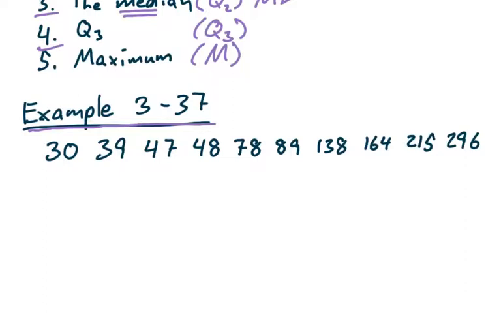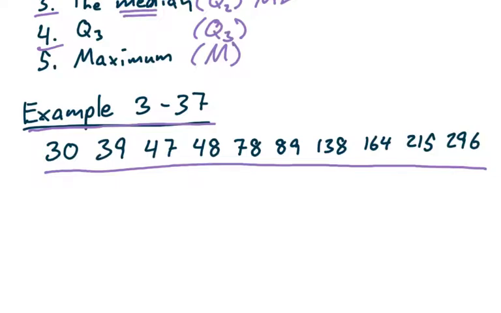They list the data, and so they say to find the 5-number summary and construct a box plot. So the first thing we'll do to find the 5-number summary is we'll find the quartiles, the minimum value, and the maximum value. And in order to do that, we need to rearrange the data in order from lowest up to highest. So we've done that there.